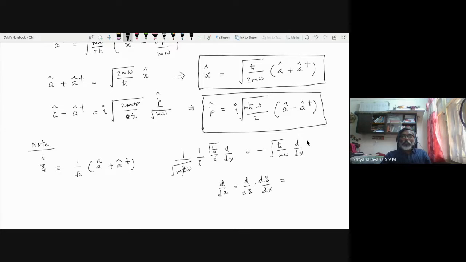So that is basically 1 by L into d by d xi.